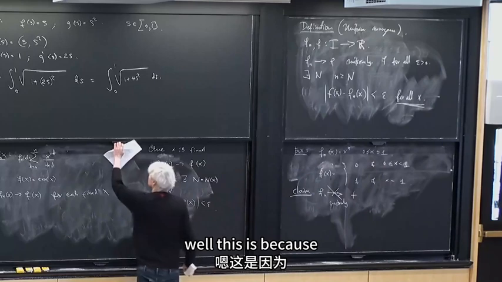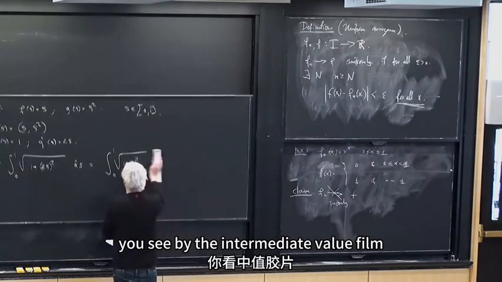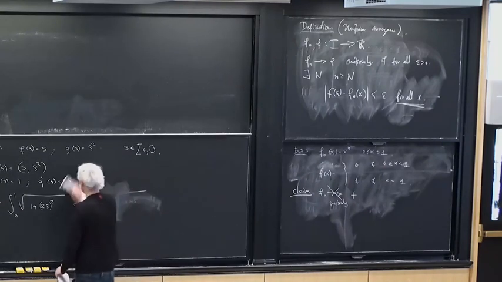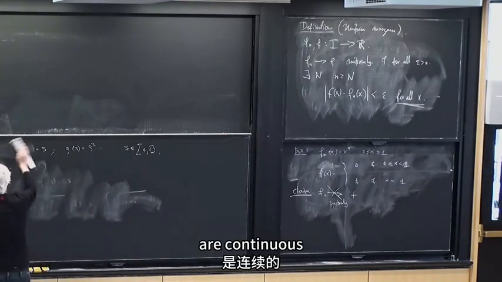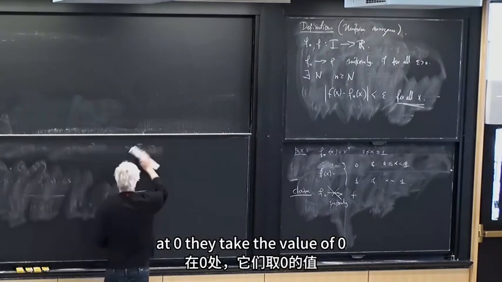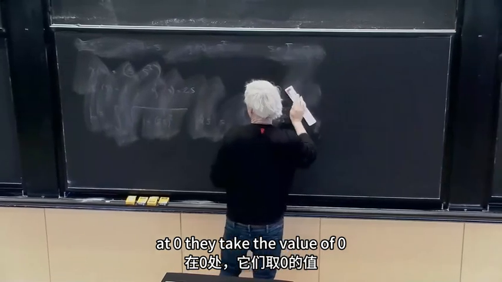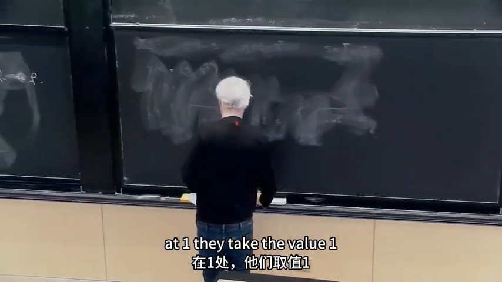Well, this is because, you see, the functions Fn are continuous. At 0, they take the value 0. At 1, they take the value 1.